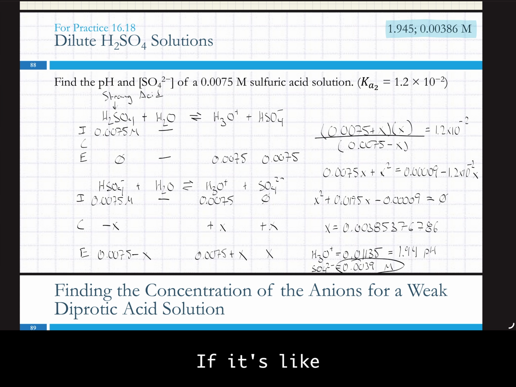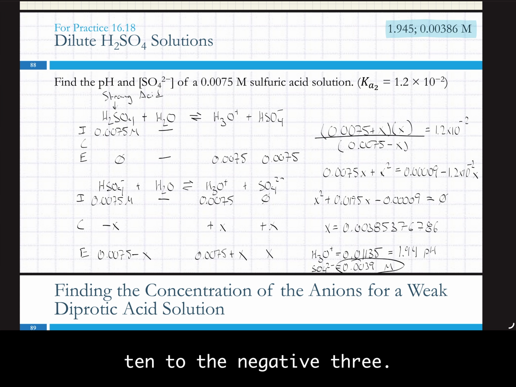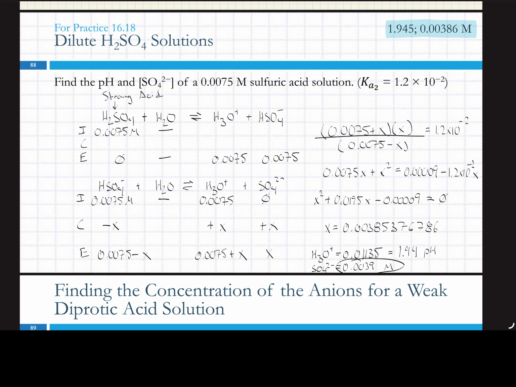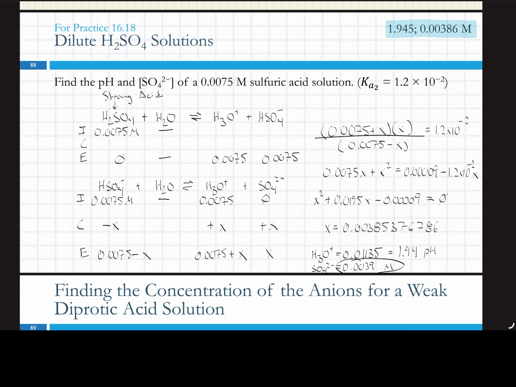If it's like 5 times 10 to the negative 3, I think you would get like 4.5, something like that. It's a little bit weird because the negative exponent is how small it is.